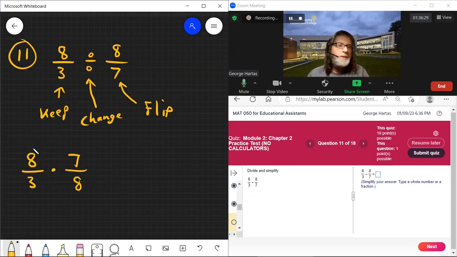We look up and down. Can we reduce this? No. This way? No. Diagonally? No. How about this way? Yes, we can. Now, you always want to pick the biggest number that divides into both of these. You could say 2, and it will reduce with 2, but it will not be the biggest number, which means you'll have to reduce again later.